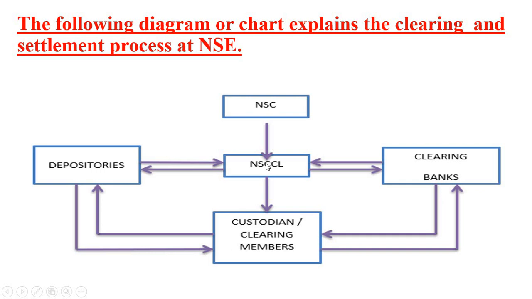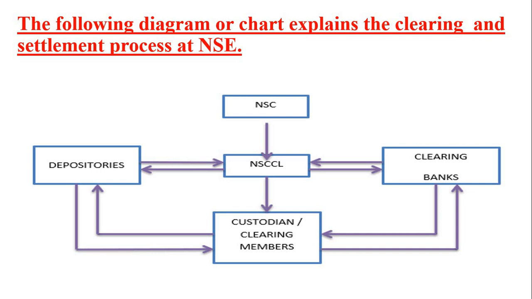Look here. NSCCL sends all the trade details to clearing members or the custodian, who affirm back. Based on the affirmation, NSCCL applies multilateral netting and determines obligations. The next step, number 3, is download of obligation and pay in advice of funds and securities.